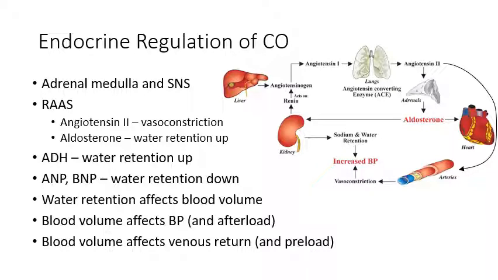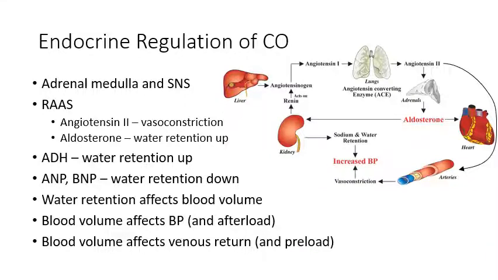When water retention is up, that means that blood volume goes up. That means that blood pressure goes up. That means that afterload goes up. That means that cardiac output goes down. So in general, the RAAS is going to decrease cardiac output by causing vasoconstriction and water retention that increases blood volume and blood pressure.